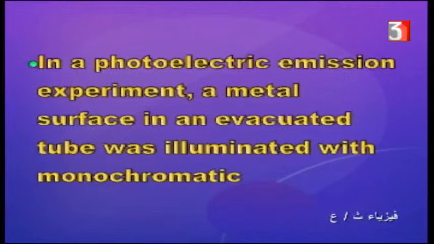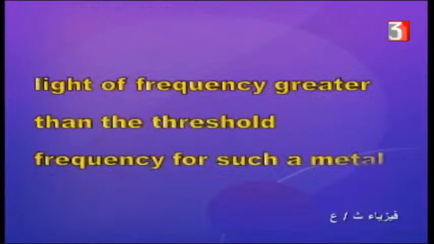In a photoelectric emission experiment, this is a very important question, a metal surface in an evacuated tube was illuminated with monochromatic light of frequency greater than the threshold frequency.